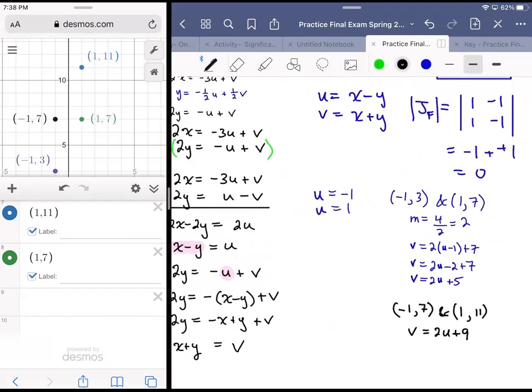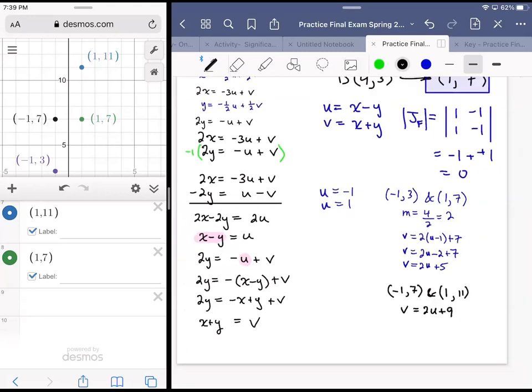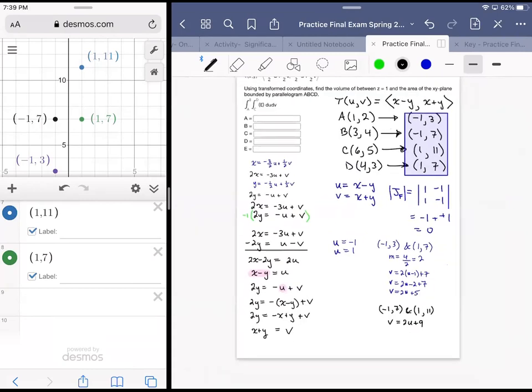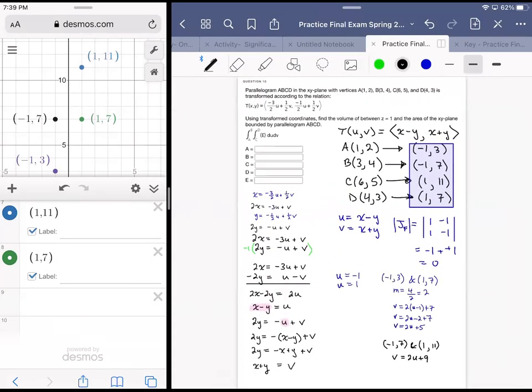So then it becomes a matter of writing the volume equation based off of these bounds. So the double integral, if the inner integral is related to U, we know that the U's are going from -1 to 1.